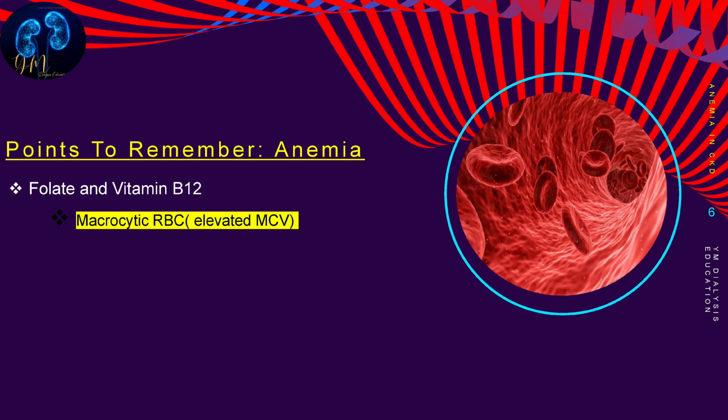Folate and vitamin B12, or cyanocobalamin, deficiency are unlikely in CKD but are routine in the workup for anemia. Folate and vitamin B12 deficiency would show a macrocytic RBC, elevated MCV. Inherited thalassemia disorders often cause microcytic RBCs or decreased MCV.